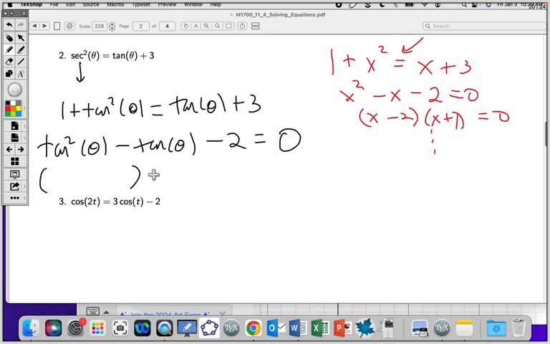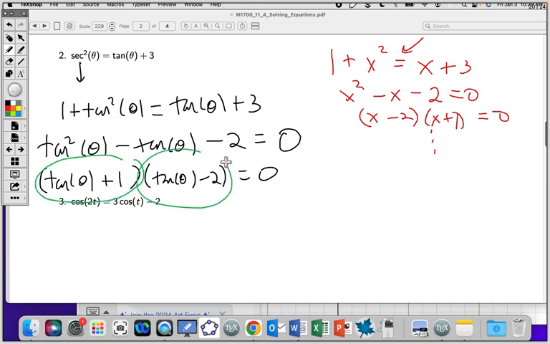So in the same way, I can factor this quadratic. I need factors that will multiply to give me tangent squared. So tangent and tangent. And then factors of negative 2 that add up to negative 1: negative 2 and 1. Now that I have things factored against 0, I set each factor equal to 0.